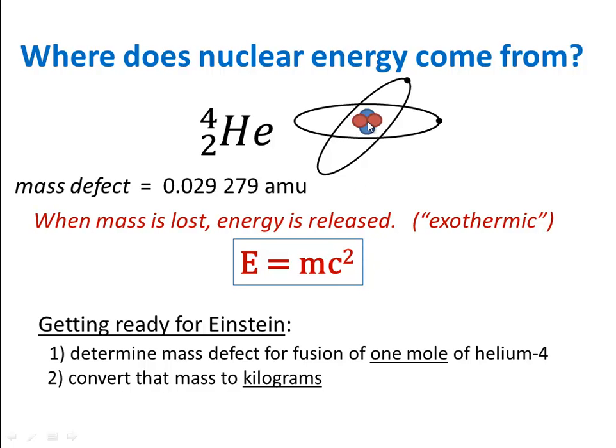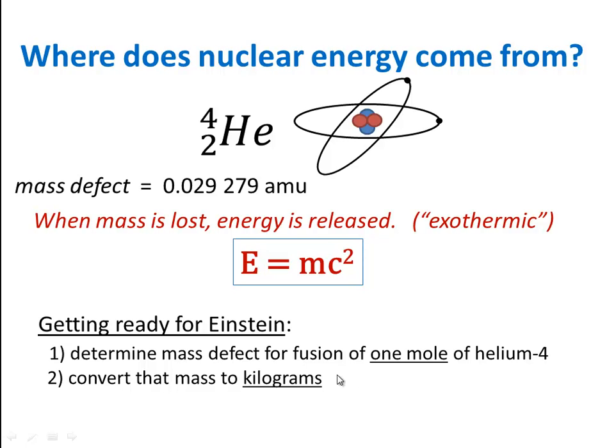You have to have a lot of these atoms undergoing fusion or fission. And so we're going to talk about 1 mole. So we need to figure out what the total mass defect would be, not just for one atom, but if we had 1 mole of helium-4 atoms that were being created from their constituent nucleons.